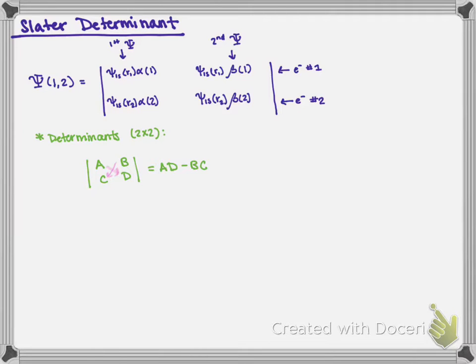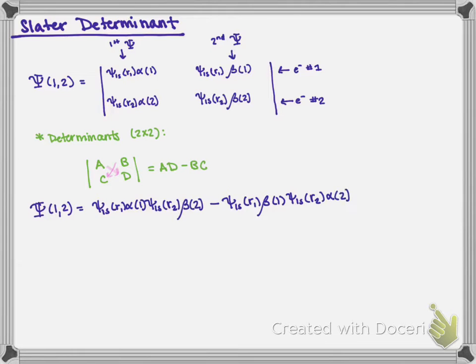Let's try this with our helium atom matrix. This gives us psi 1s(R1) alpha(1) times psi 1s(R2) beta(2), so electron 1 is spin up and electron 2 is spin down, both in the 1s orbital, minus psi 1s(R1) beta(1) times psi 1s(R2) alpha(2), so electron 1 is spin down and electron 2 is spin up, both in the 1s orbital.